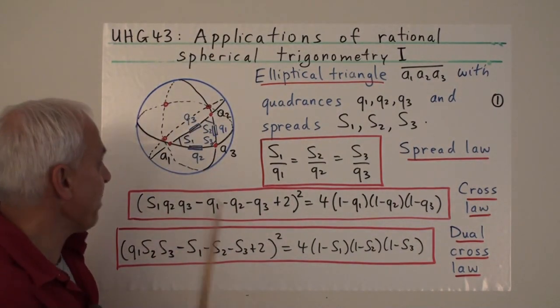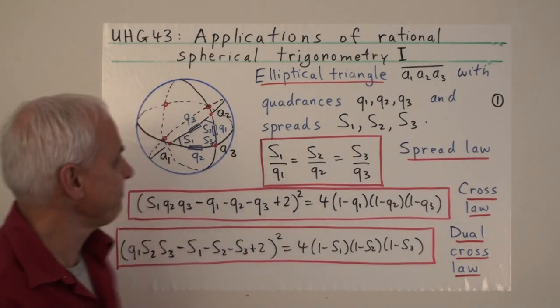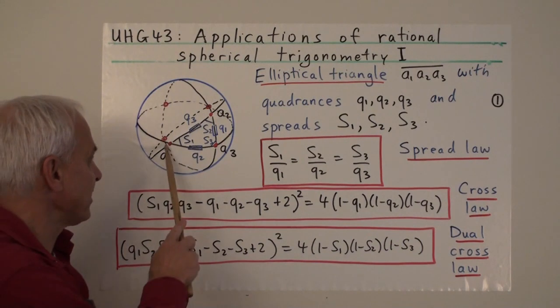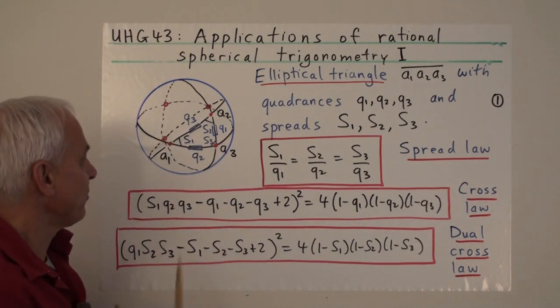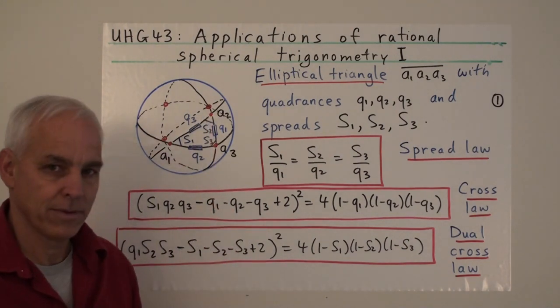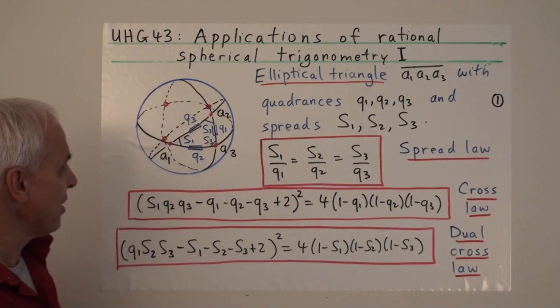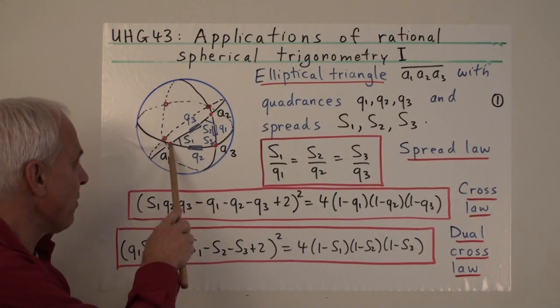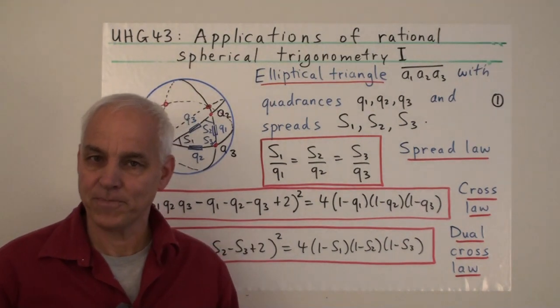So we can visualize things by thinking about a sphere in three-dimensional Euclidean space. And we have 3 points on that sphere, giving us a triangle called a spherical triangle. Actually, the really mathematically important objects are the lines that those 3 points determine with the origin, or the center of the sphere.